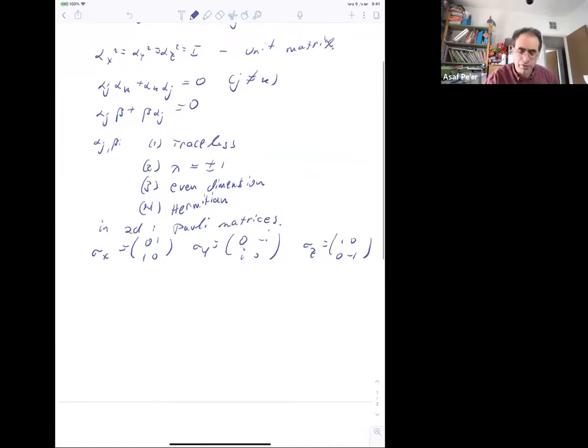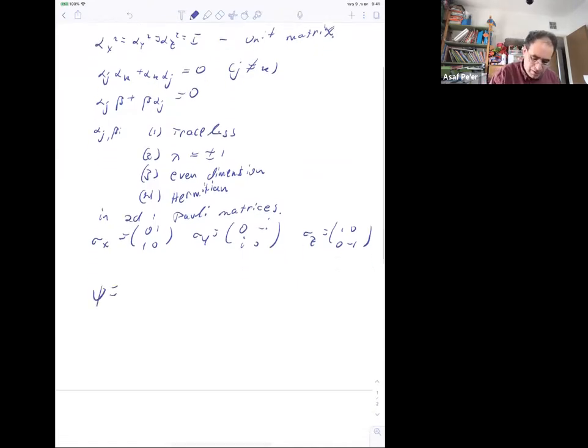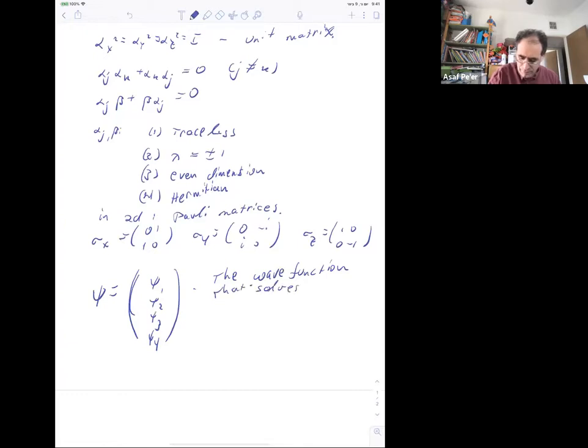So psi is psi 1, psi 2, psi 3, psi 4, and the wave function that solves the Dirac equation is known as the Dirac spinor.